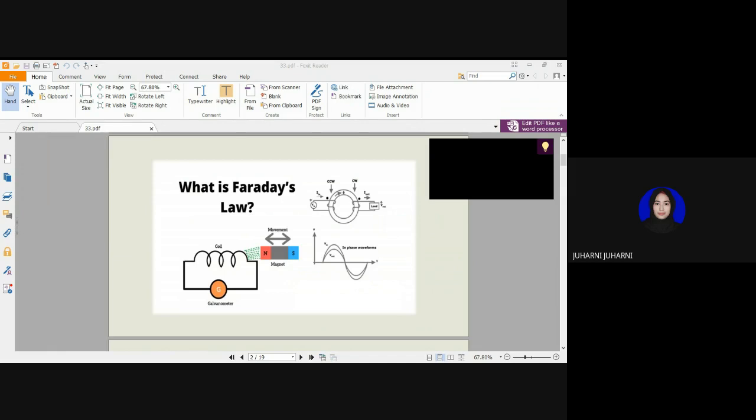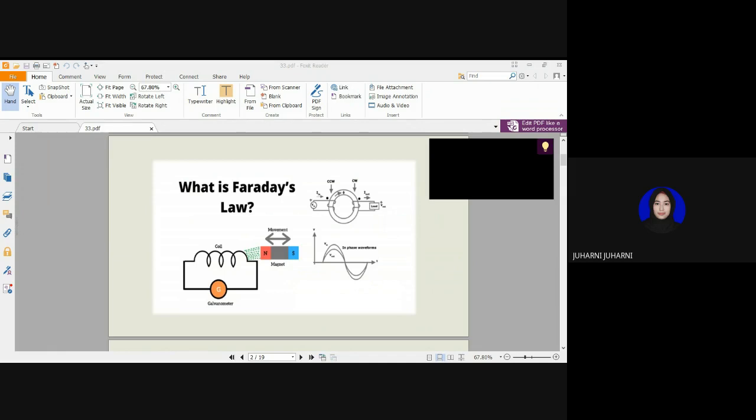Faraday's law states that when any conductor is placed in a varying magnetic field, a voltage will be induced in the conductor. Faraday's law is the fundamental rule to explain the magnetic field in different electrical circuitry.